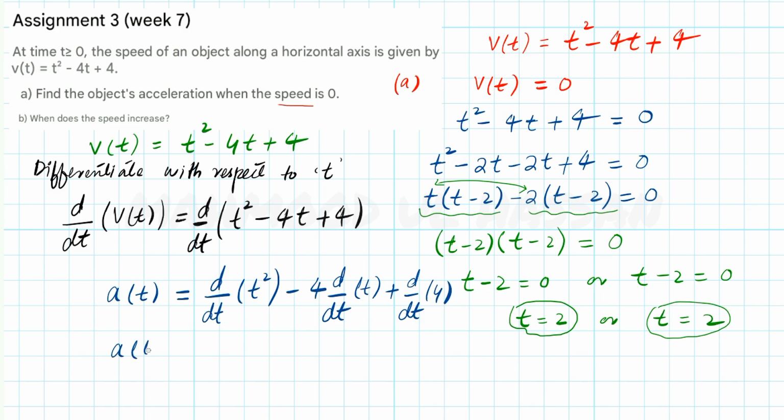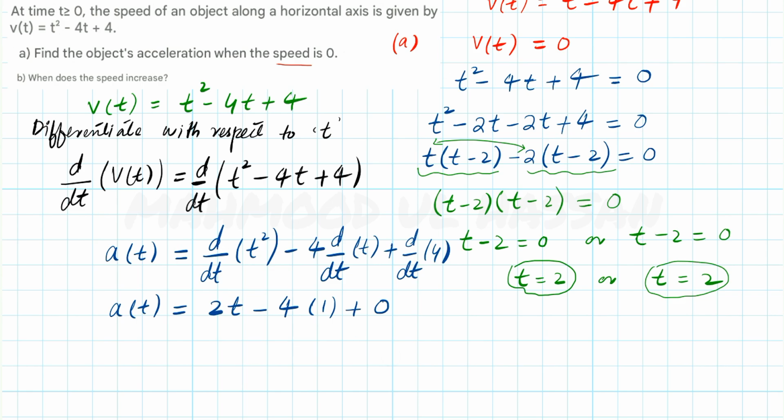So the acceleration at time t equals, using the power rule, the derivative of t squared is 2t, minus 4, the derivative of t is 1, and the derivative of 4 is 0 because the derivative of a constant is 0. Is it okay?